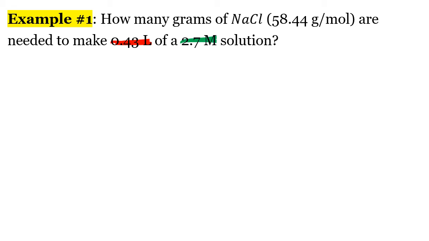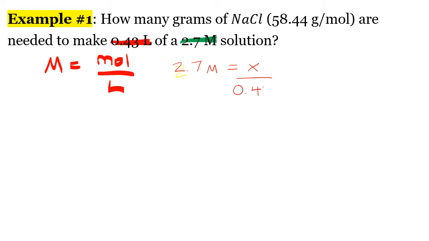All right. So first of all, if you recall, molarity is equal to moles over liters. Okay, that's our equation. And in the question, it tells us that we have a 2.7 molar solution, and that's going to be equal to X over 0.43 liters.